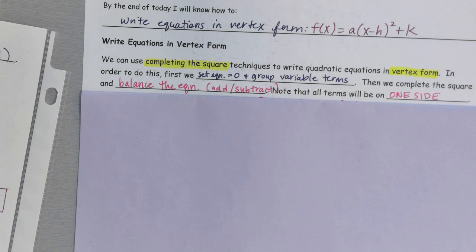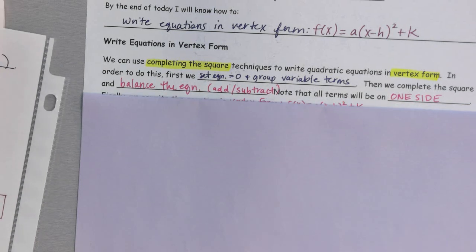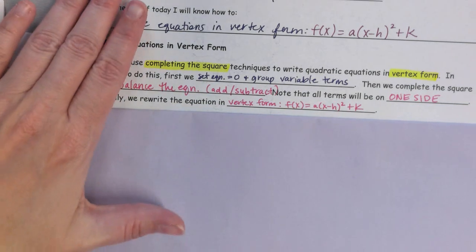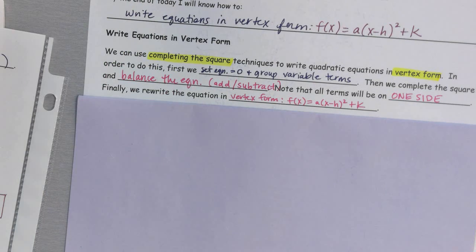So when we do this, all the terms are going to be on one side of the equation. I'm actually going to show you a couple different ways to do this, and you can pick the way that you like the best. Okay, but these steps are going to coincide with what your book says as well. And then the last thing we're going to do is rewrite the equation in vertex form.